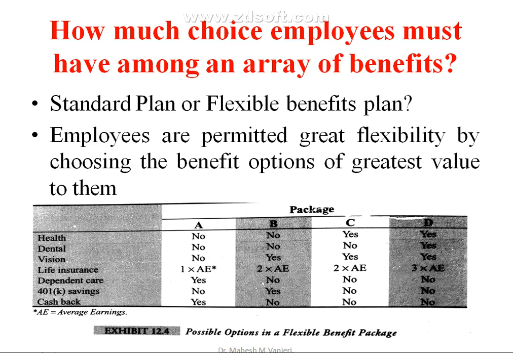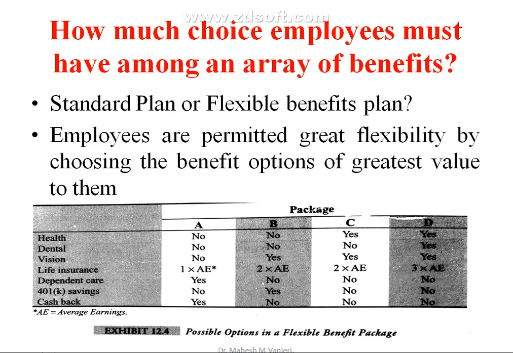In exhibit 12.4, possible options in a flexible benefit package are considered. You can consider this as A, B, C, D. These are 4 employees who are exercising their choice in terms of health, dental, vision, life insurance, dependent care, savings and cashback.